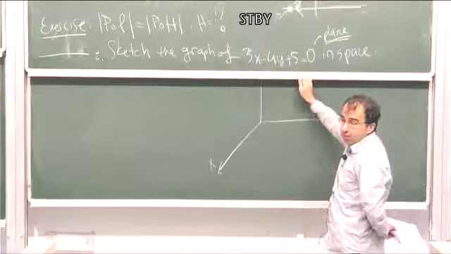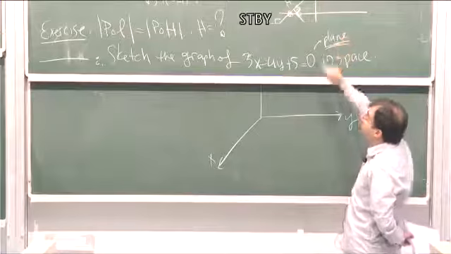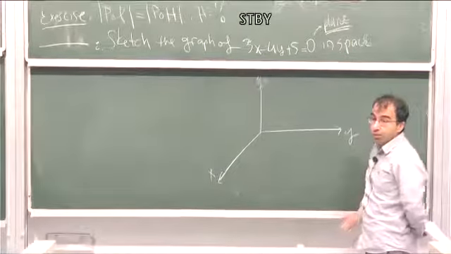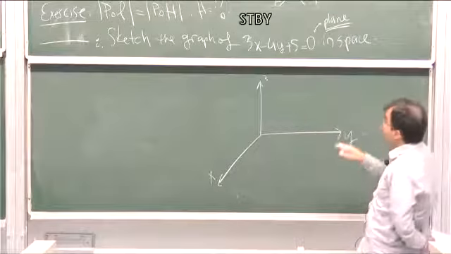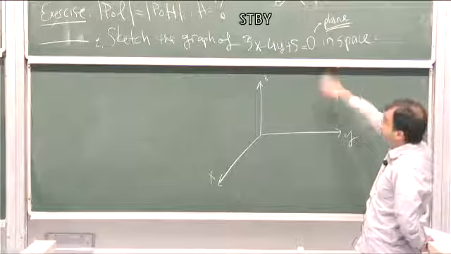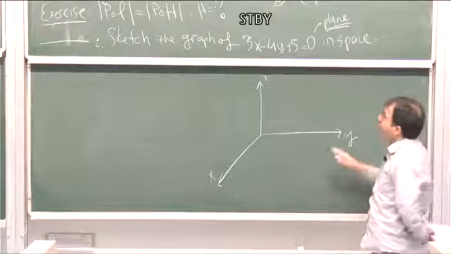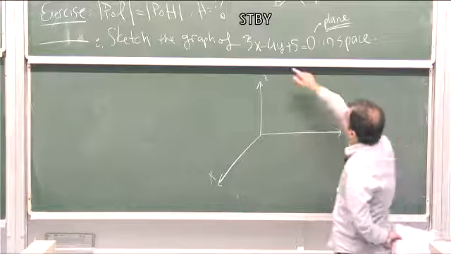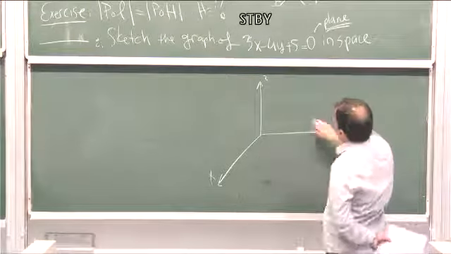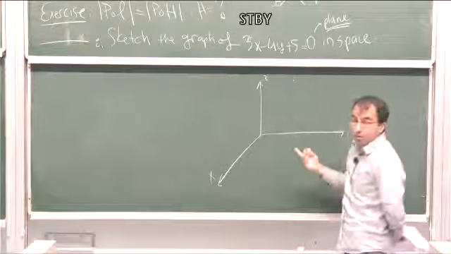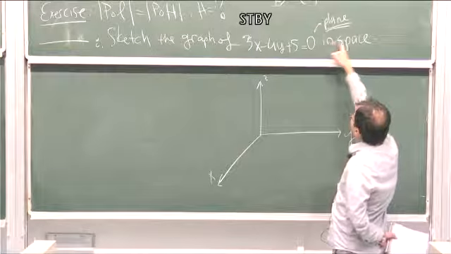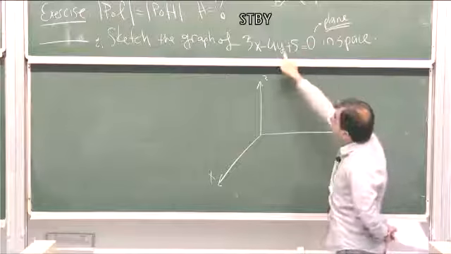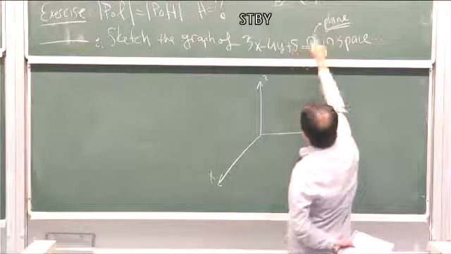It is not easy to sketch a plane as we do for the line. As I said, what we usually do is first consider the intersection of this plane with the coordinate planes. So let's first sketch the intersection with the xy plane. The intersection with the xy plane is the intersection of this with z equals 0, but there is no z, so in the xy plane the intersection will be this line that we sketched.